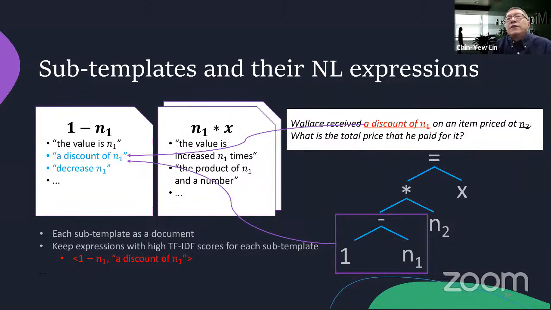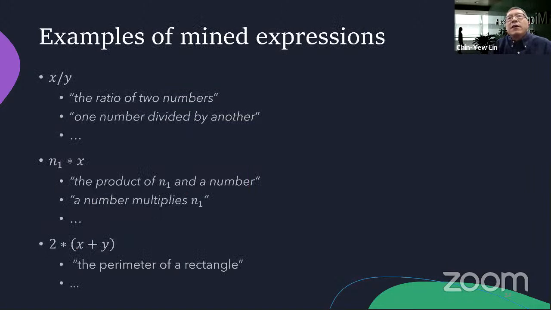Now, what do we use these subtemplates for? There are more examples here, like x over y, the ratio of two numbers. This is very interesting because I believe when students prepare for exams, they also get this idea: they have the ratio of two numbers, divisions, the product of something, and multiplications. They also have to remember math concepts, like the geometric concept that the perimeter of a rectangle is the width plus the length of the rectangle times 2.